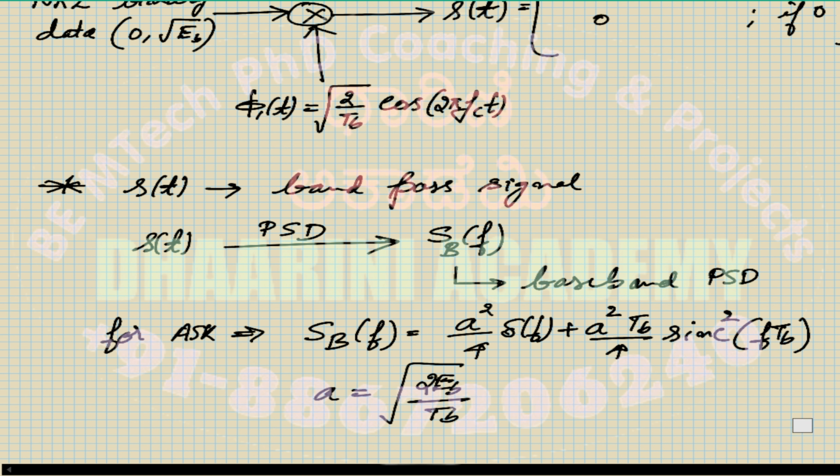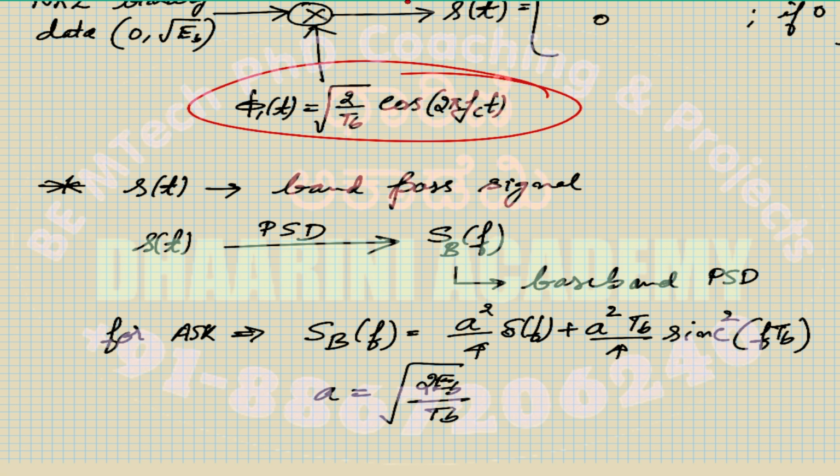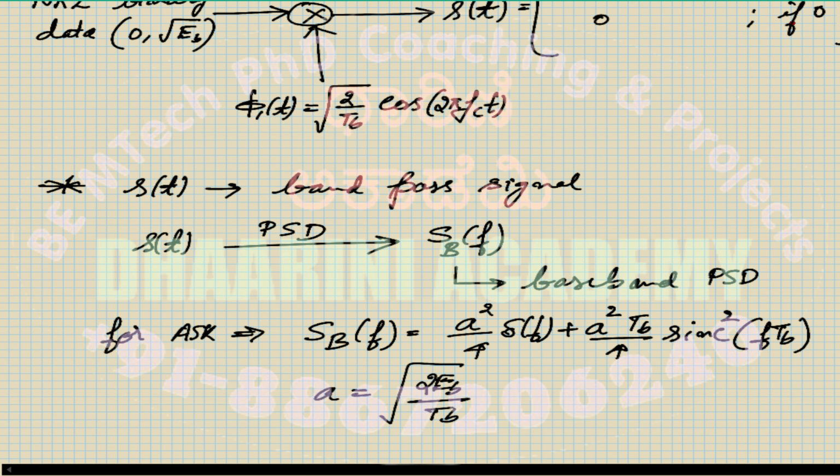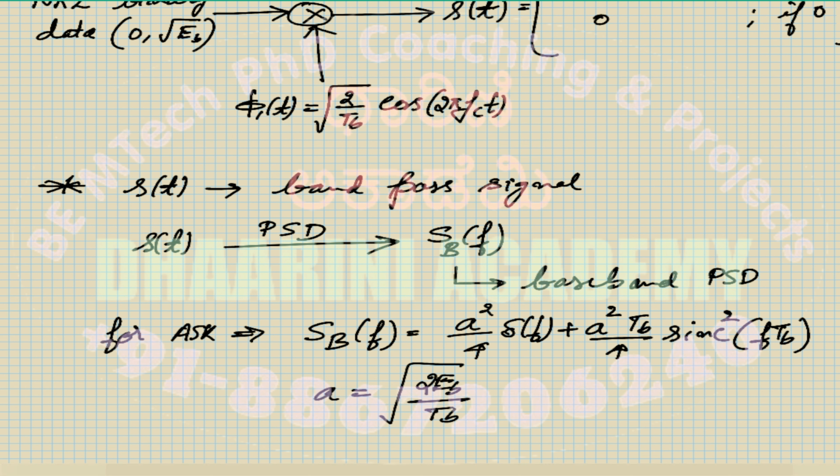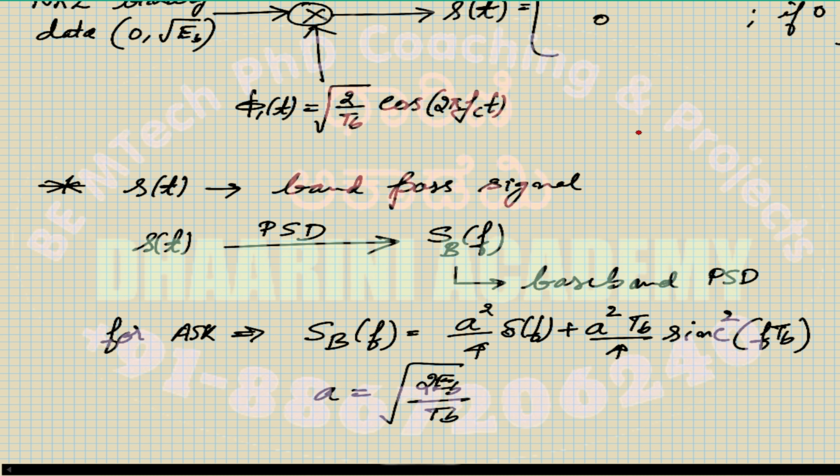Where's the rectangular function in this? Because we don't see a rectangular function in the equation of our S of T. S of T is showing something like only either you have a root of 2EB by TB cos function, or otherwise 0. But actually, when the signal is there, you are sending something. When the signal is not there, you're not sending something.